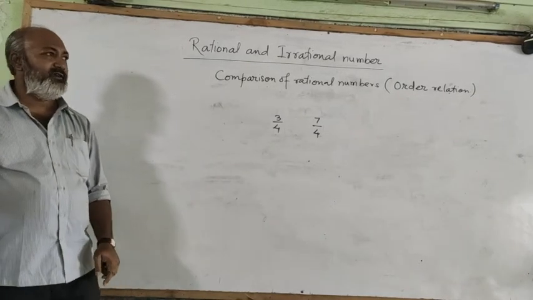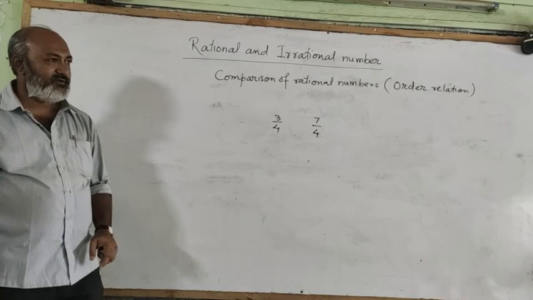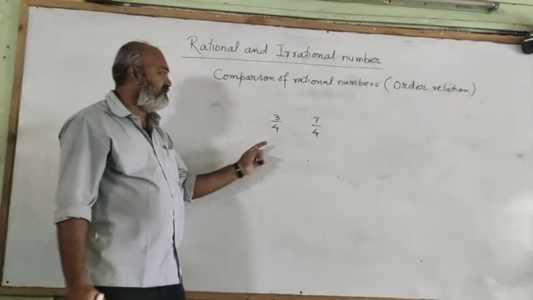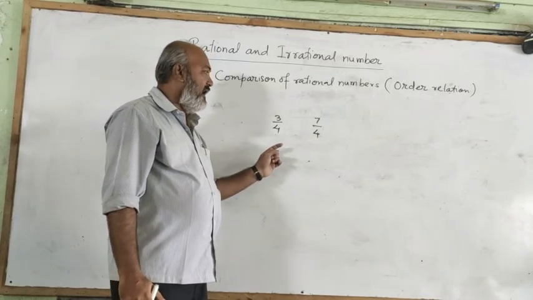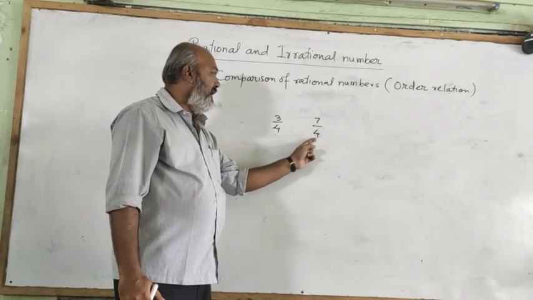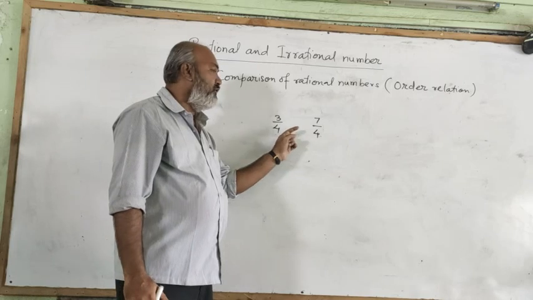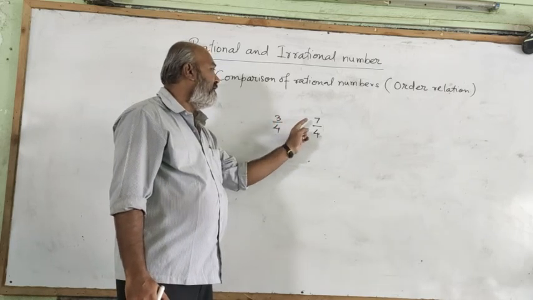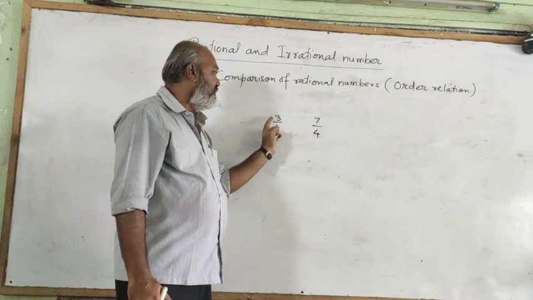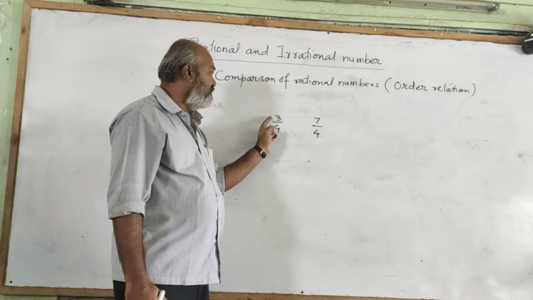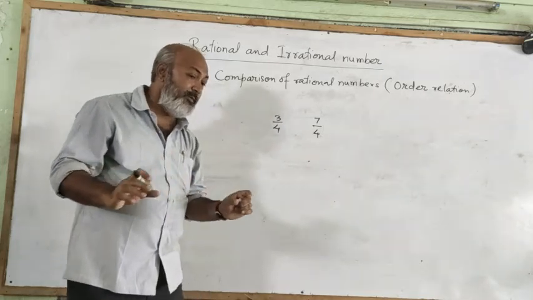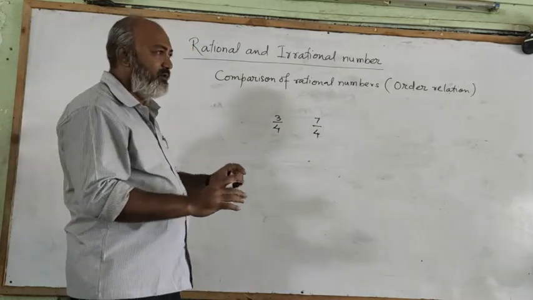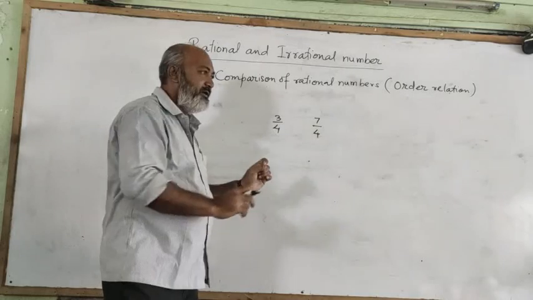You can see both the rational numbers have the same denominator. Now we have to compare only, and both are positive. So 3 and 7. If the denominators are the same, you just have to compare only the numerator.